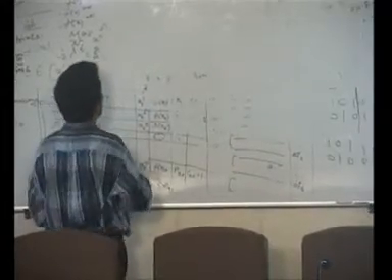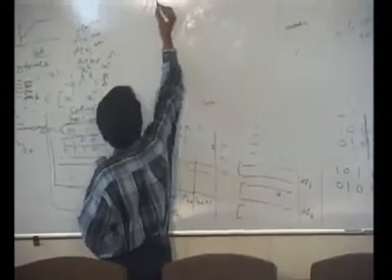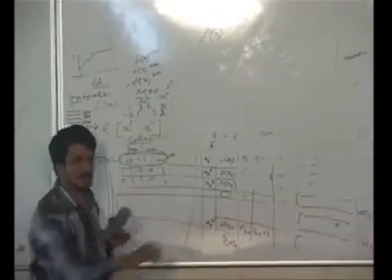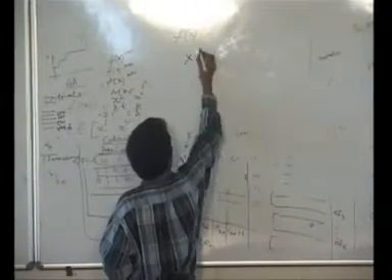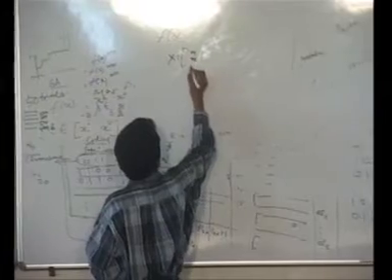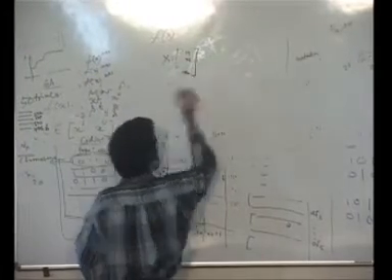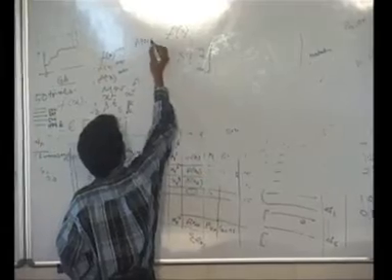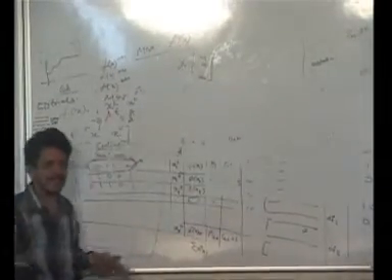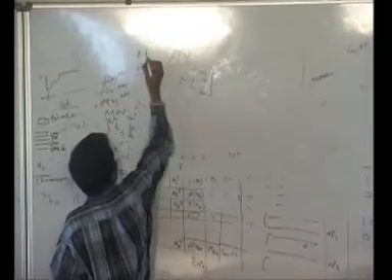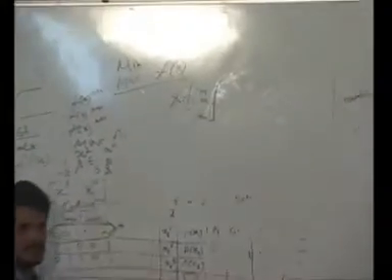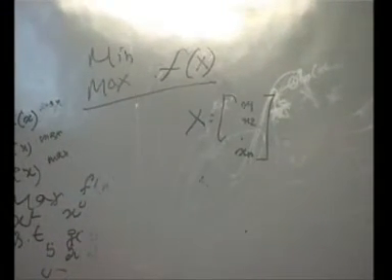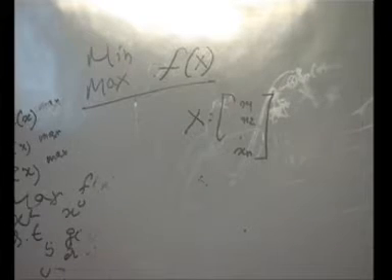Now suppose you have a problem f(x). Here x is a vector, not a scalar, where x is x1, x2 up to xn, n number of variables. Your objective is to maximize or minimize f(x), where x is a vector of n variables x1, x2, x3 up to xn.